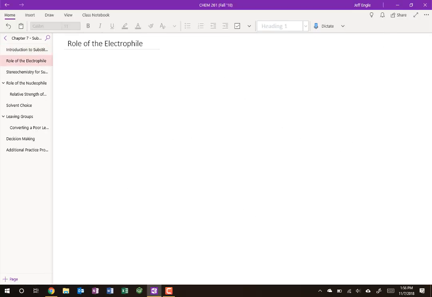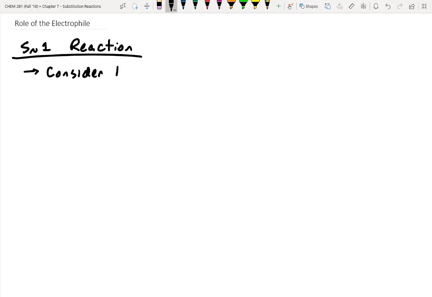Next thing I want to do is to talk about that thing with the leaving group. This is most commonly referred to as the substrate or the electrophile. And so let's compare that for an SN1 reaction. It was the thing that had the leaving group on there. So consider the reagent that has the leaving group.